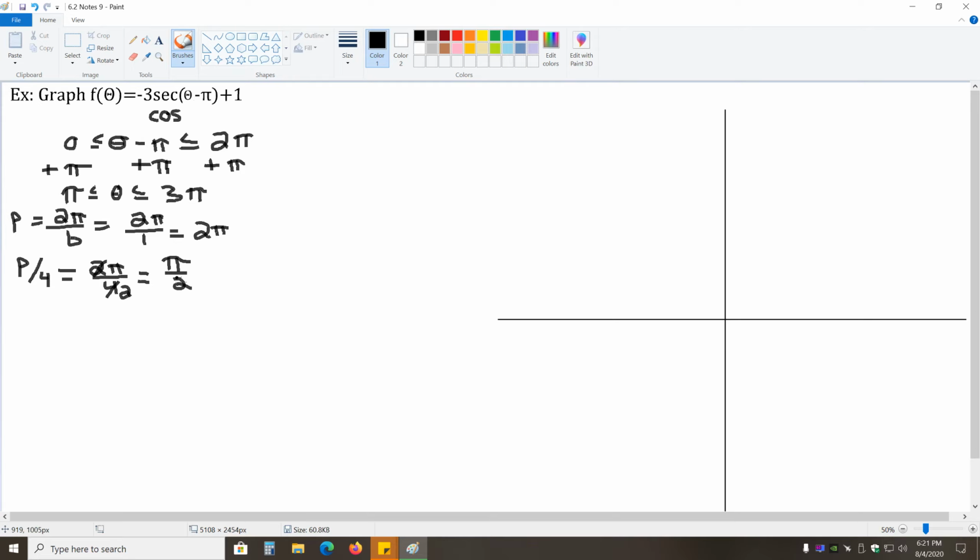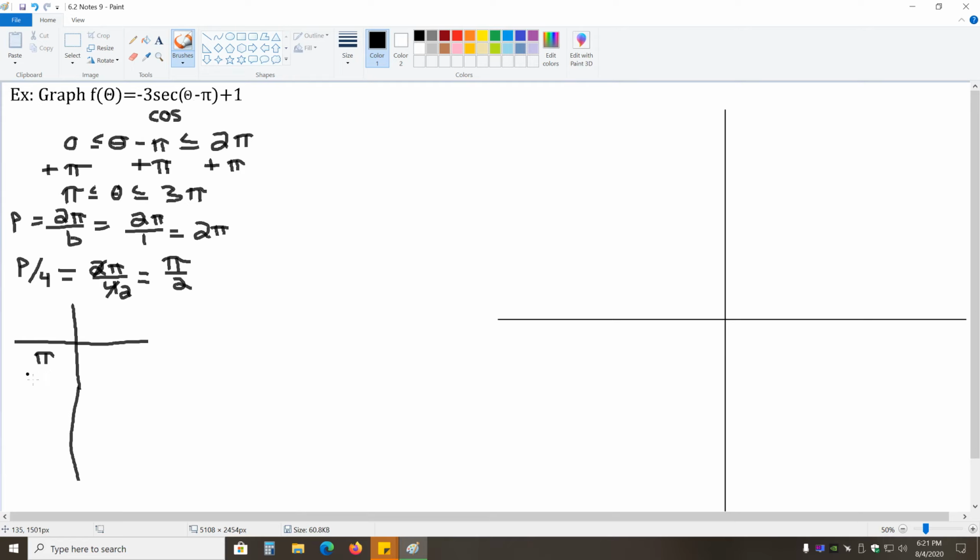So remember, we always take this p over 4 value, and we set up our table, starting with the initial value of our inequality, which is pi, and we add pi over 2 to that 4 times.